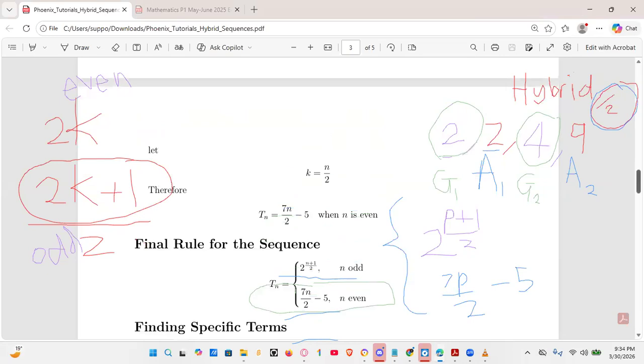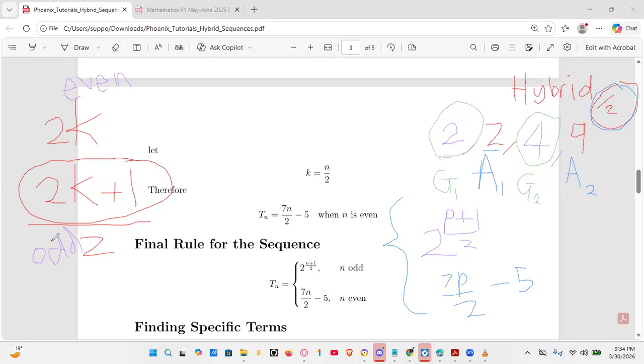So our final rule for our sequence would be defined as, so we call these piecewise functions. So if you do AP Maths or if you'll study Maths in university, you'll see functions being defined with this sort of bracket. And that means that it's a piecewise function, meaning that it has certain behaviors for certain values of x or for its domain.